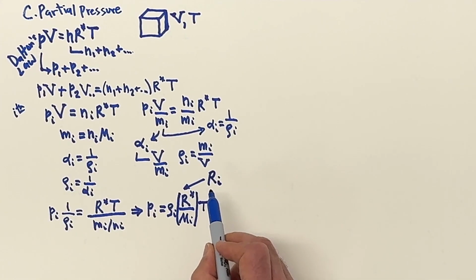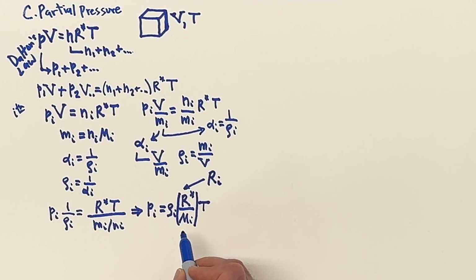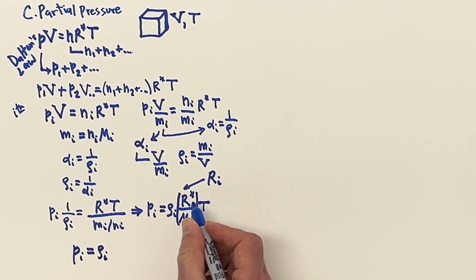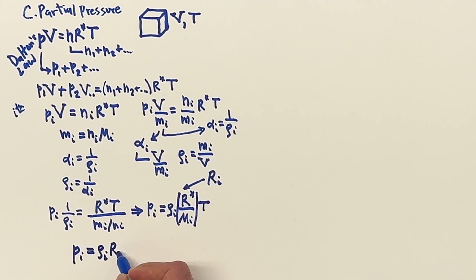You can think of this as the ideal gas constant for the ith component. It varies dependent on the gas, since the molar mass is going to be different. So this becomes the equation, the pressure of the ith component is rho i times the gas constant, R sub i, which depends on the gas, times T. That's a nice equation.